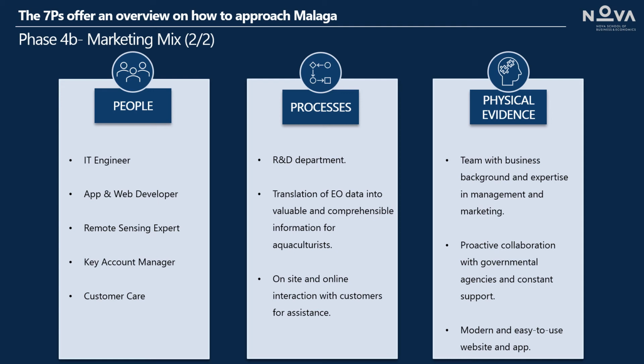As for processes, we have an R&D department. We translate EO data into valuable and comprehensible information for aquaculturists, and we give on-site and online interaction with customers for assistance.